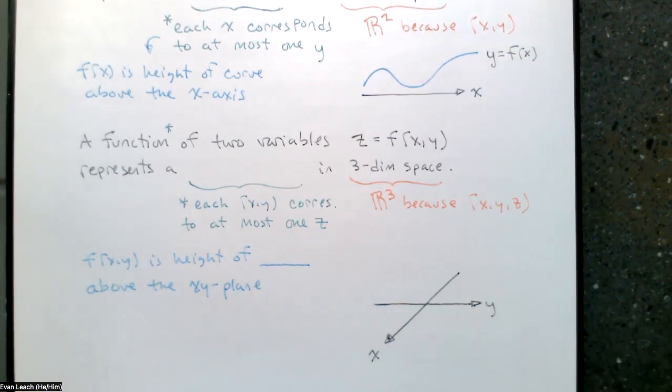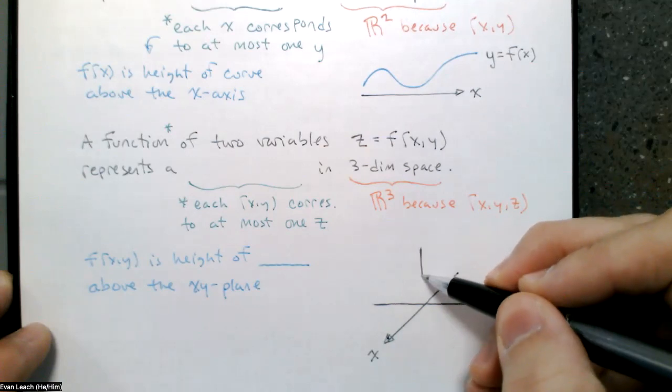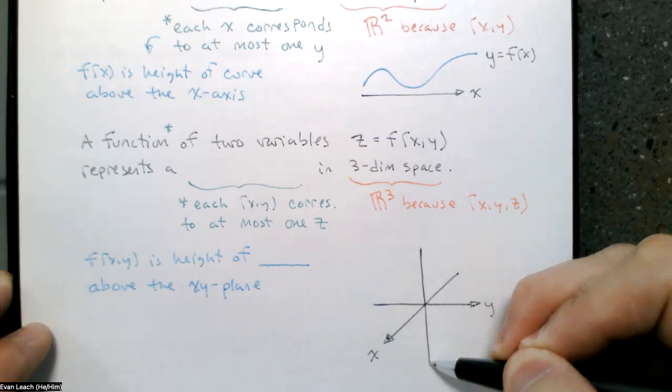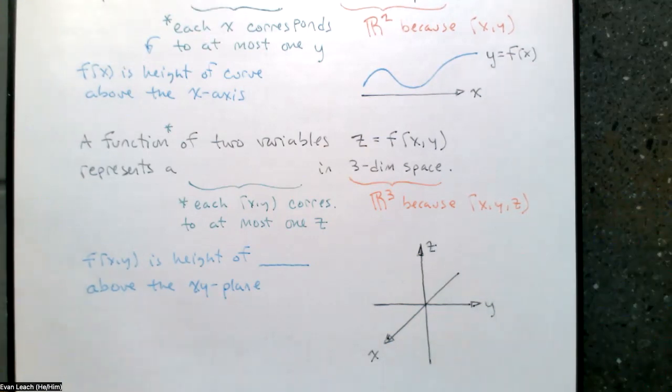We typically lay the XY plane flat with the x-axis coming out of the paper and the y-axis going where the x-axis normally is. So this is how we normally draw R3. We have x and y as two perpendicular axes, and then we just put a third one perpendicular to these two. And that's our z-axis.